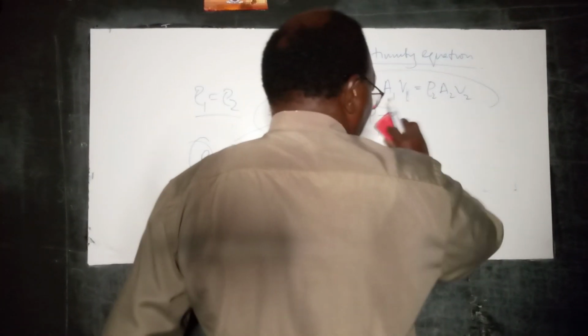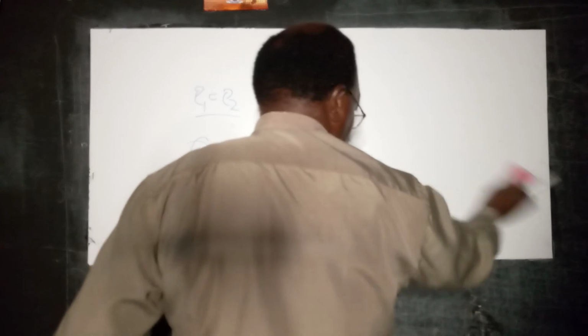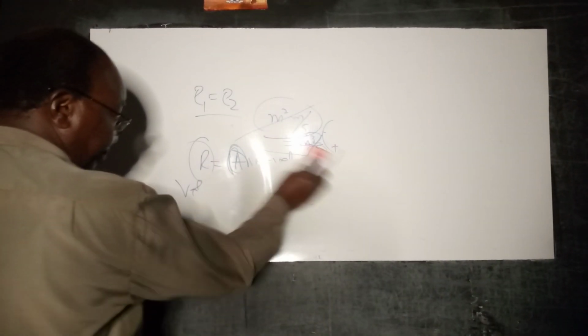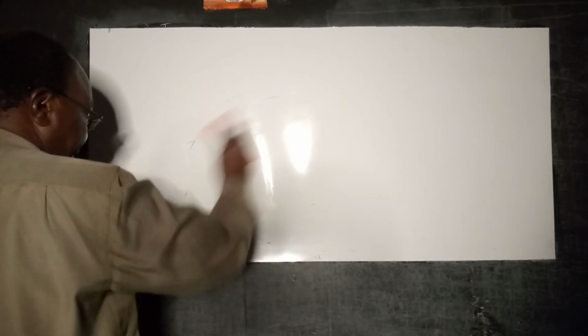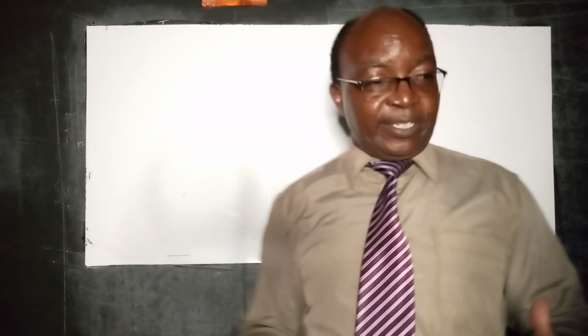Now, we want to assume several thermodynamic concepts. One, the process in the nozzle is assumed to be adiabatic and reversible. If you look at our earlier lectures, we talked about reversible adiabatic processes.